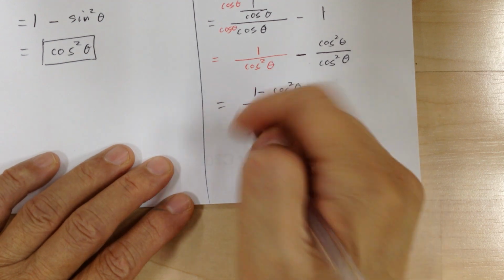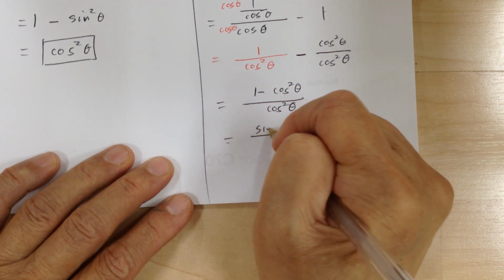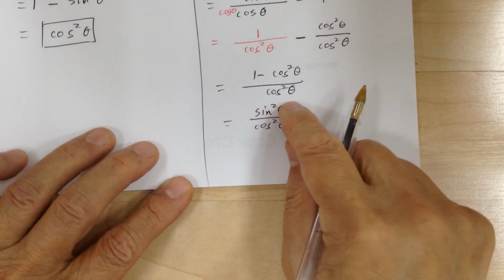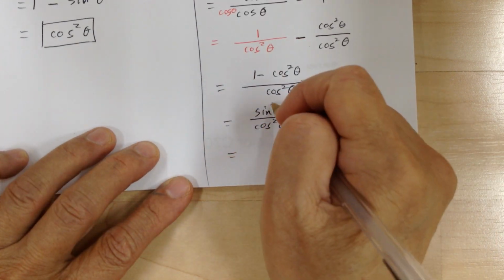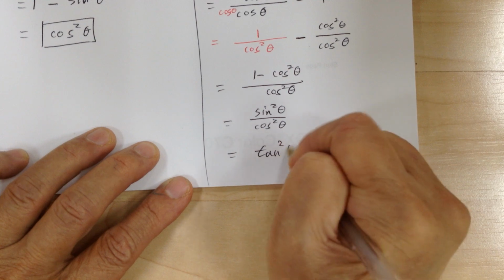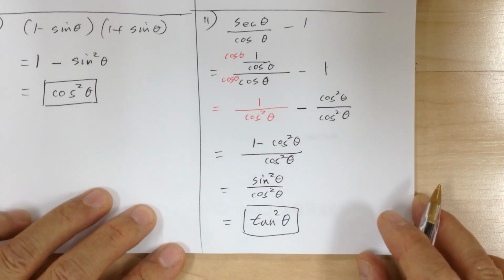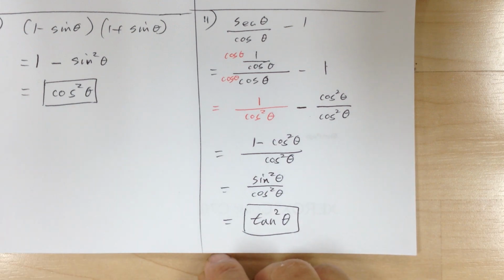But 1 minus cosine squared is equal to sine squared theta. And sine over cosine is tangent, and because it's squared, it would be tangent squared theta. Okay, let's go to the next one.